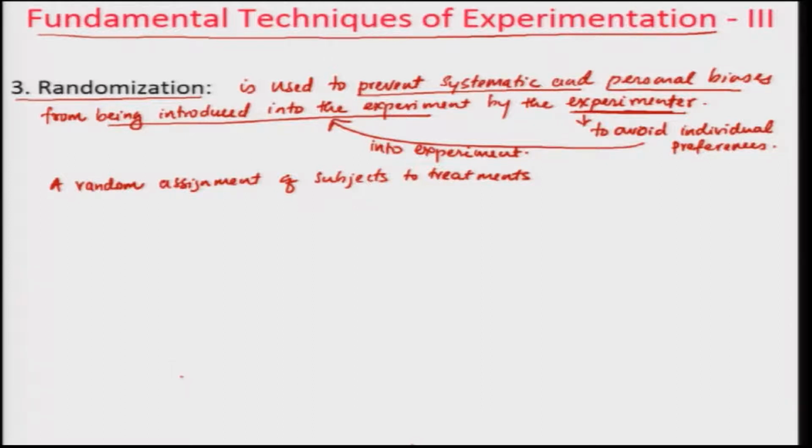We randomly assign subjects to treatments before the start of the experiment. This prevents systematic selection.